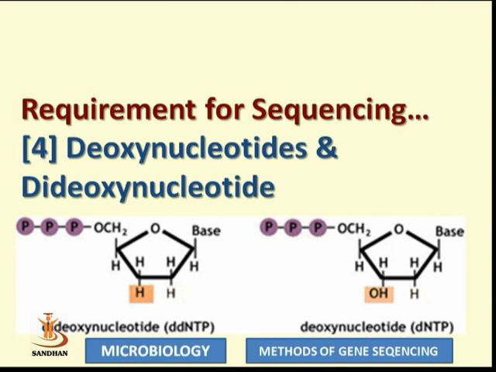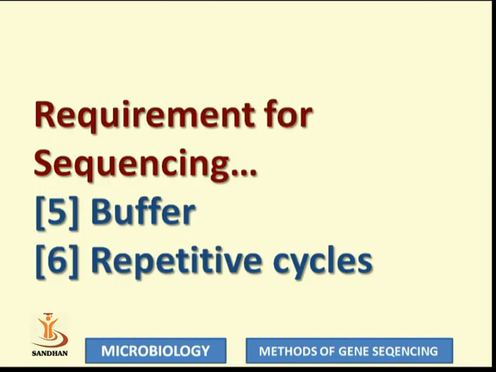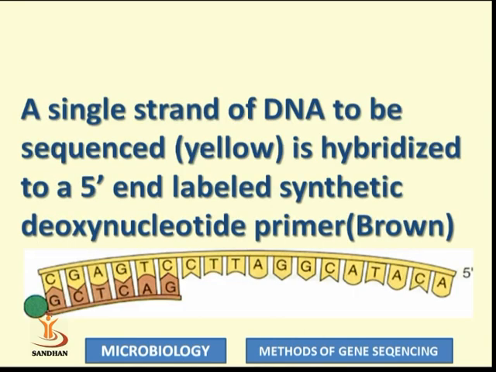Both have only one difference, one oxygen less, and that creates the chain termination reaction. Along with all the basic things, we also have to supplement the required PCR buffer and go for repetitive cycles, normally around 30 cycles, for the entire PCR.